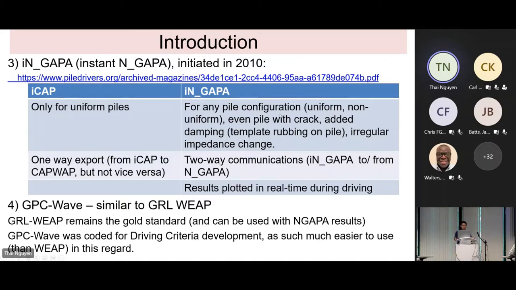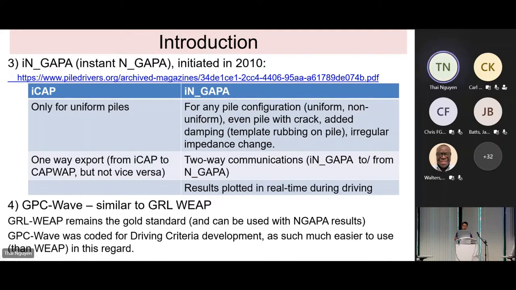So what is added damping? For example, when you have a pile template and the pile is rubbing on the template, the template causes skin friction, which is not part of the pile capacity. So we can use that added damping there, and CAPWAP can do this.